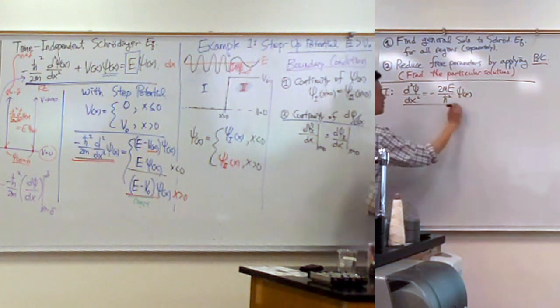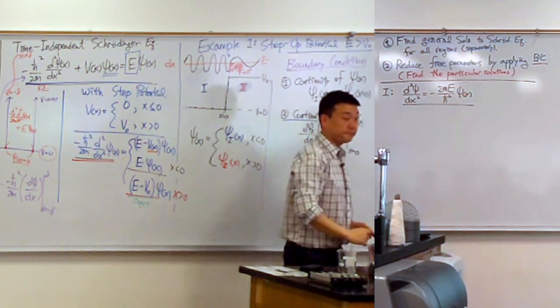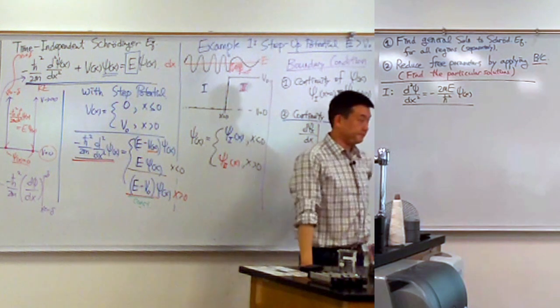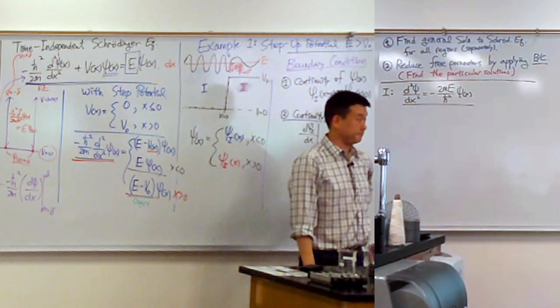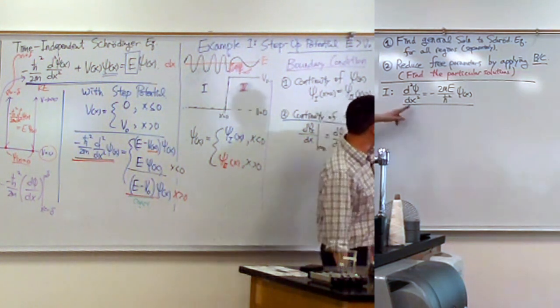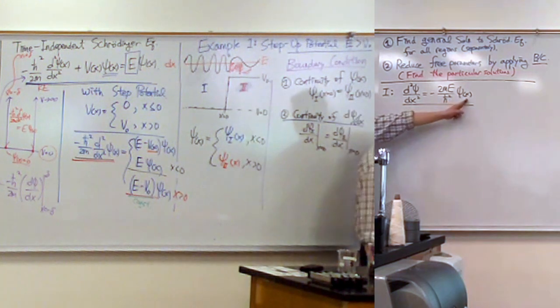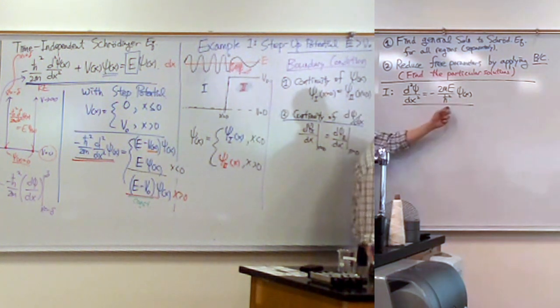Have you seen something like this before? Where have you seen it? Simple harmonic oscillator. Yeah, simple harmonic oscillator. Two derivatives, you get the same function back, and you have a negative coefficient in front. Right?